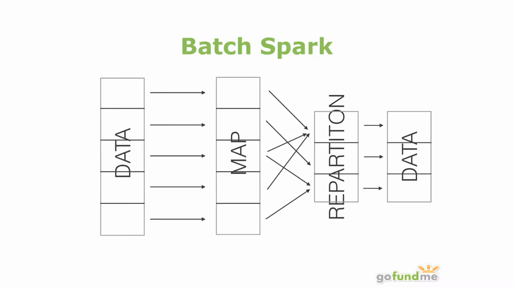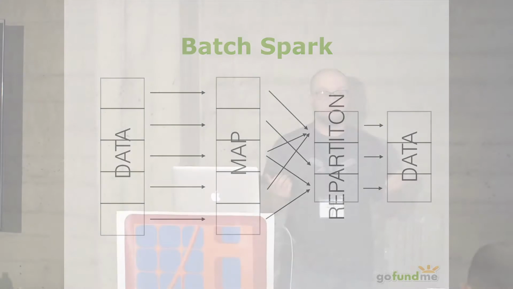OK, so I'm going to talk slightly about the internals of Spark streaming, because that really helps understand how you build these data sources. So Spark kind of has 2 paradigms under its roof. The first, as you guys are probably familiar with, is batch Spark.